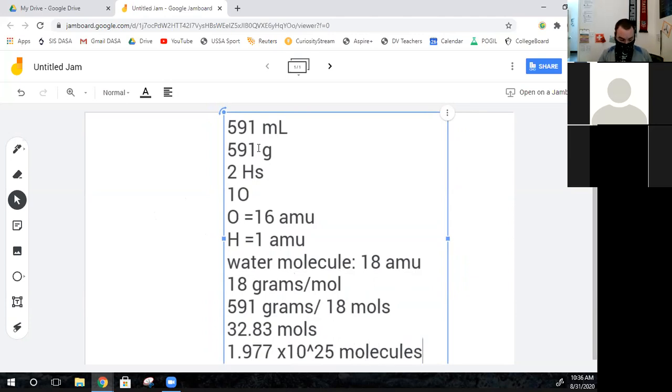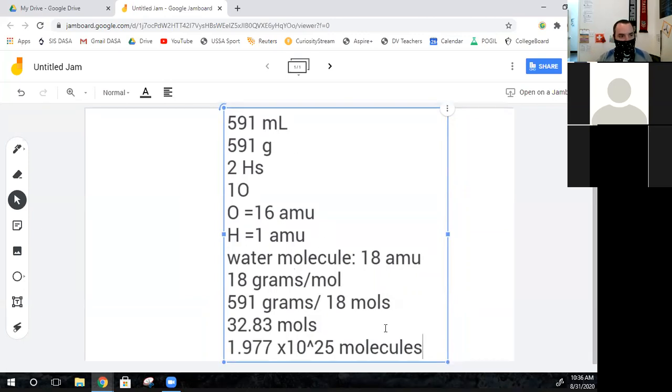What? Well, because we multiplied 32.83 by 6.02 times 10 to the 23rd. So that means that we have 1.9, which looks like this. That number looks like this.